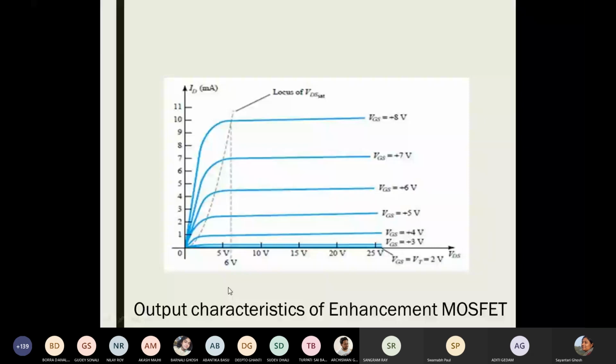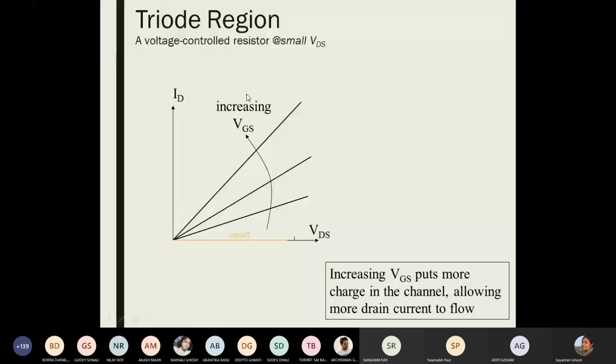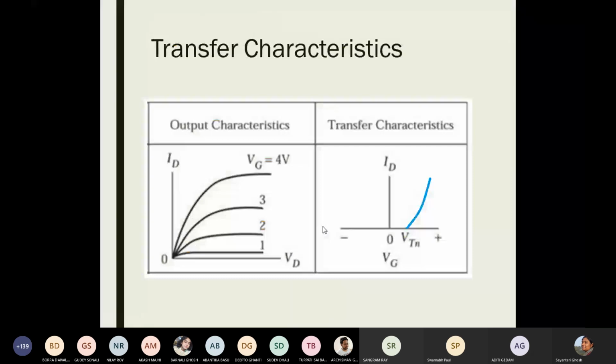Increasing VGS means the resistance will decrease, and resistance decreasing means the slope of this curve should increase. So increasing VGS should increase the curves like this. And if you extend it backwards, the transfer characteristics look something like this.